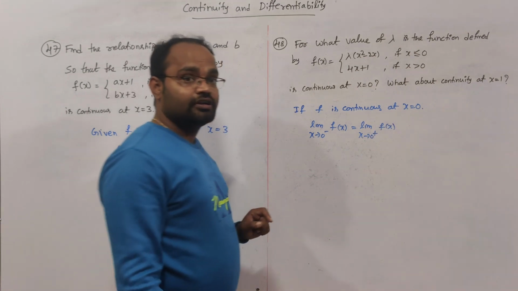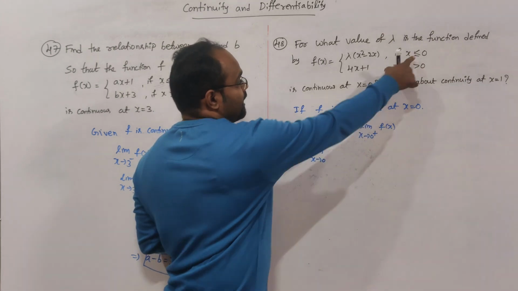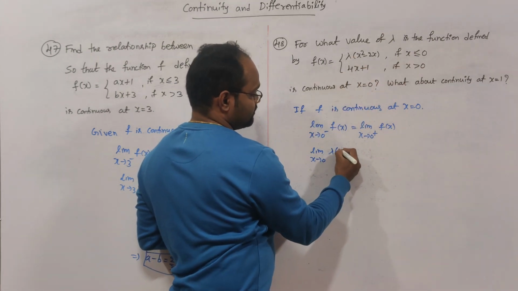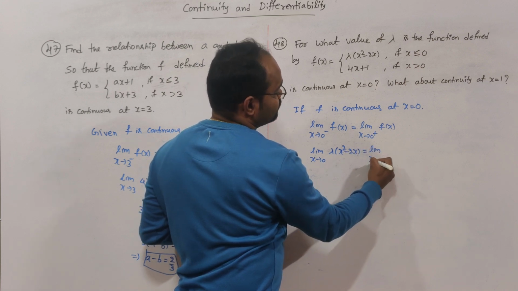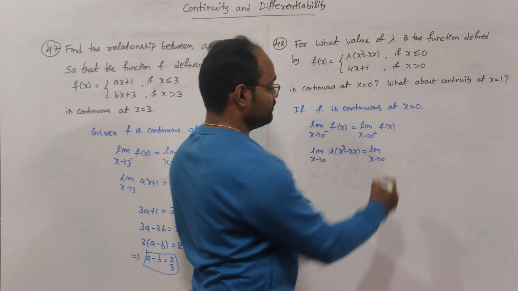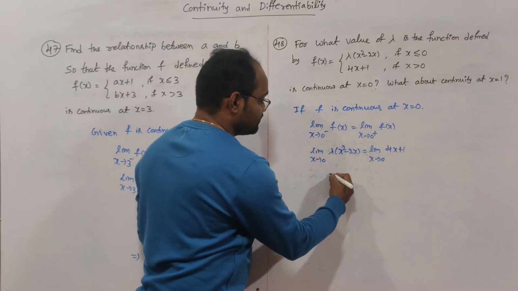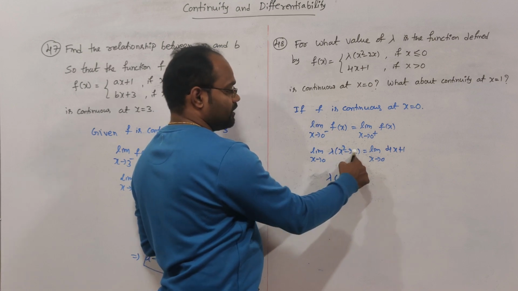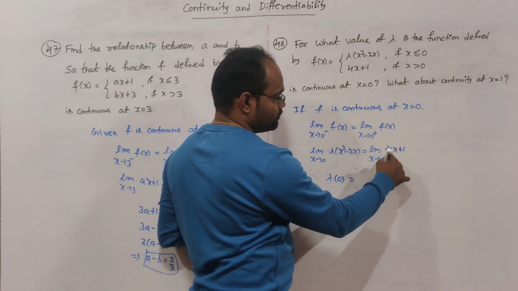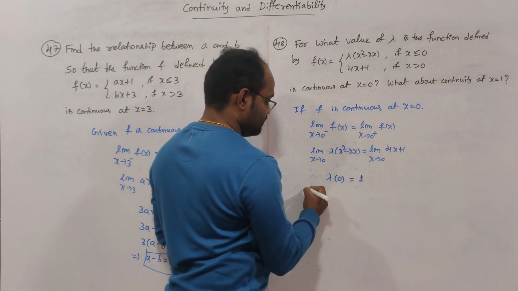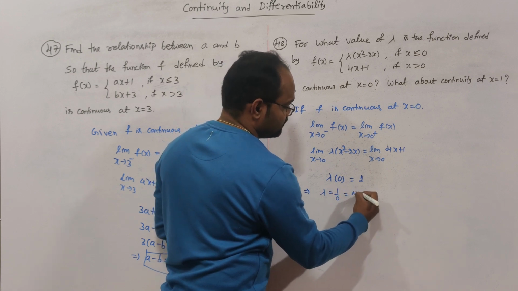LHL, slightly less than 0, the function is lambda into x square minus 2x, that is equal to limit as x tends to slightly greater than 0, the function 4x plus 1. If you apply the limit, this is lambda into 0 square minus 0, that is 0, equal to 4 into 0 plus 1, that is 1. This implies lambda is 1 by 0, which is not defined.